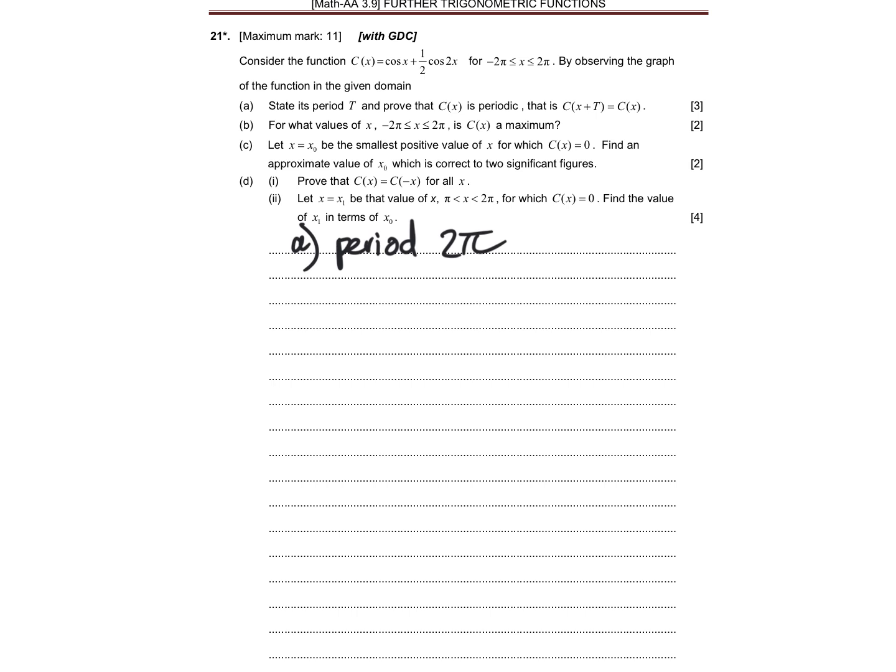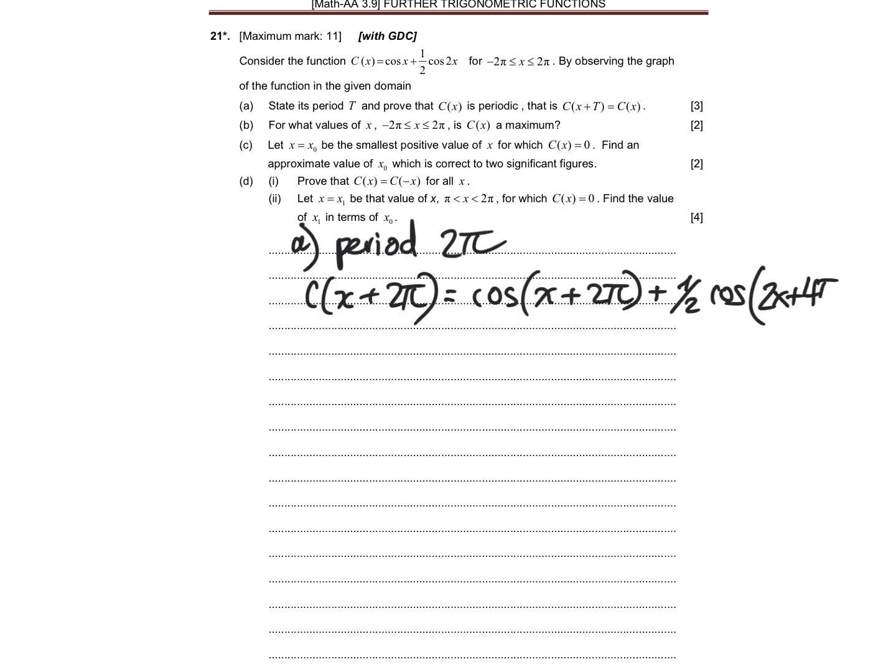All right, and prove that it's periodic. Okay, so if we substitute in x plus T, which is 2 pi, we need to show that it gets us c at x. So this is cosine of x plus 2 pi plus 1/2 cosine of 2x plus 4 pi, when you distribute that 2.